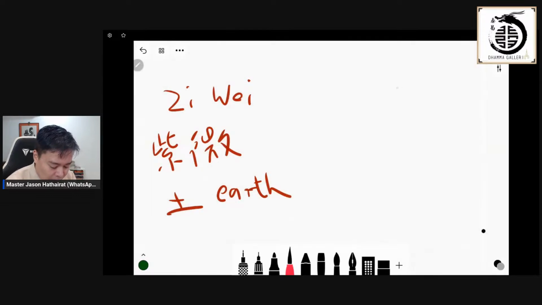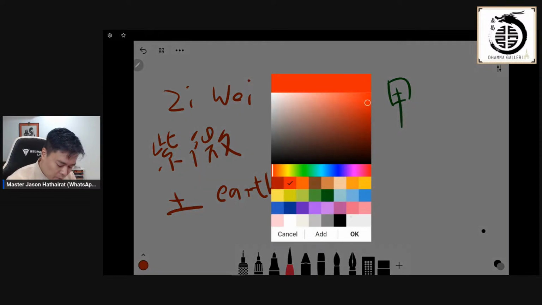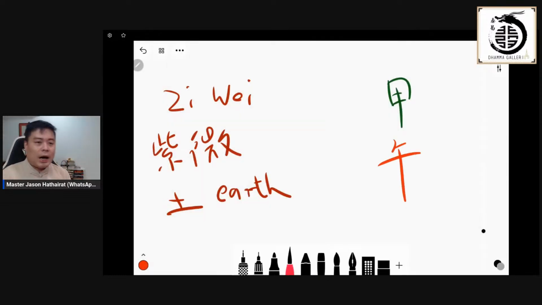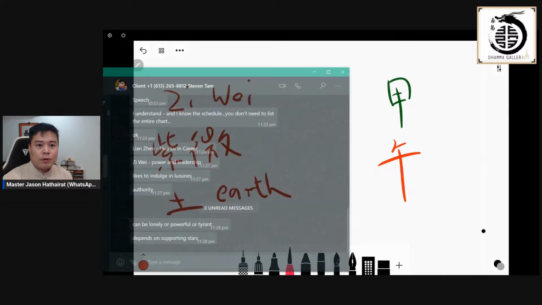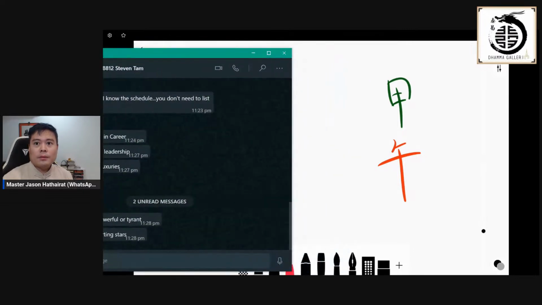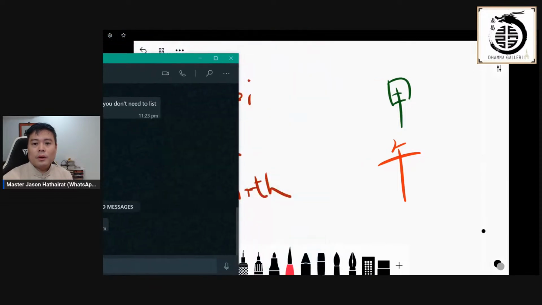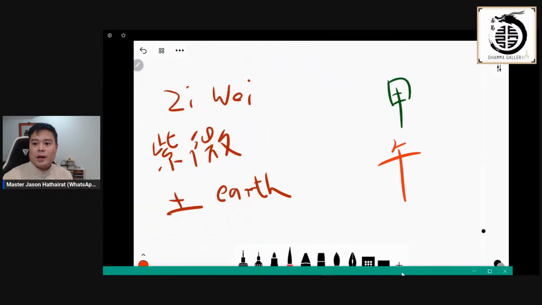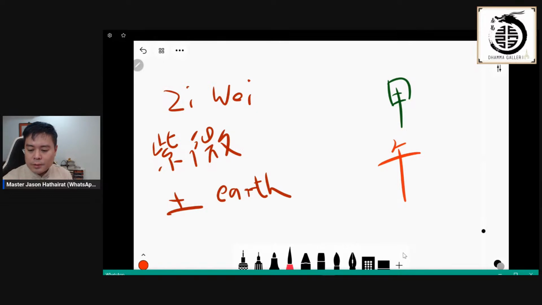For Ziwei to have the heavenly stem of Jia and the branch of Wu, can you tell me, is this Jia Wu positive or negative for Ziwei? Give me a try, in terms of your input. Do you think it is a positive or a negative star? Stephen, is it a positive or negative star? I will wait for your input.